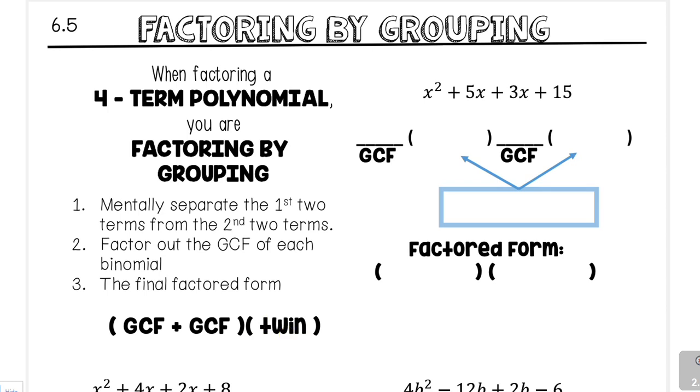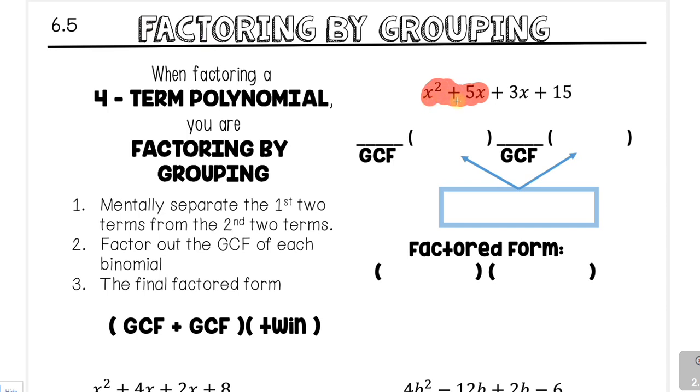So let's look at this example. We have x squared plus 5x plus 3x plus 15. If we break it down in the middle, so our first set here, we're going to look at x squared plus 5x. We're going to find the greatest common factor there.